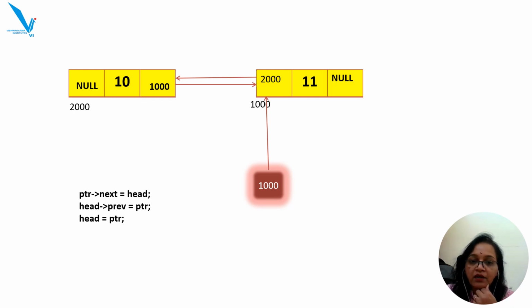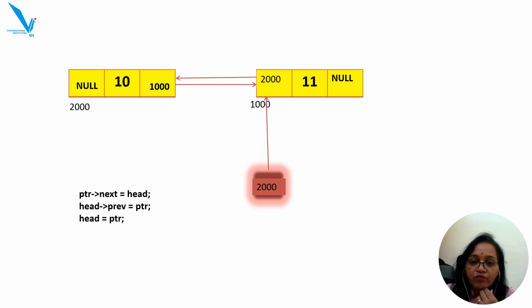And after that, your job is to set the node with value 10 as the first node. So head should point to the first node. So what value should head contain now? 2000. So head is equal to pointer. The head will contain the address of the node containing value 10, that is 2000.